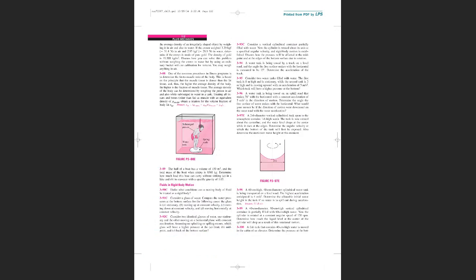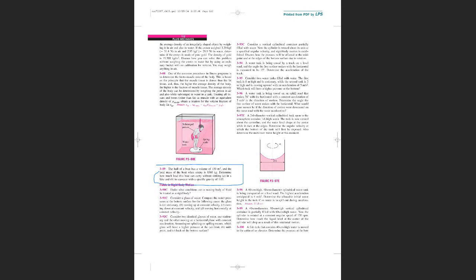And then, 89. He said the hull of a float of a boat has a volume of 150 meter cube, and the total mass of the boat when empty is 850 kilogram.